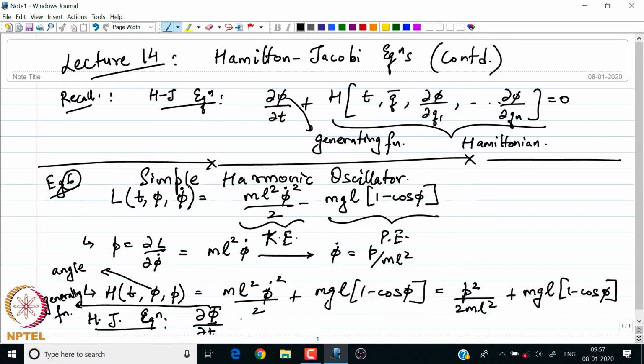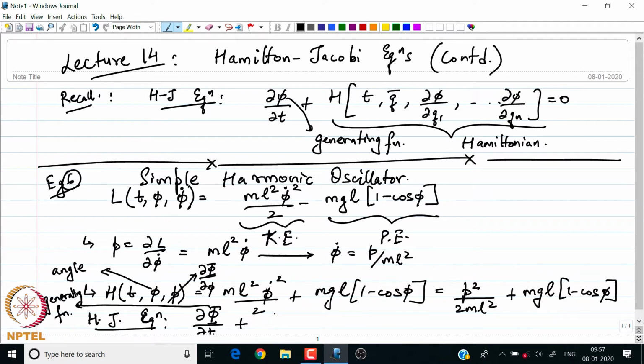So del phi del t plus the Hamiltonian, where in the Hamiltonian I am going to replace p by del phi del phi. The phi in the numerator is the generating function and the phi in the denominator is the angle phi.